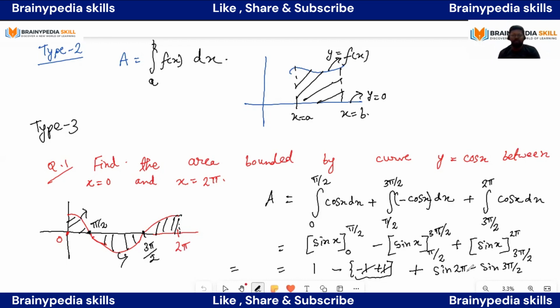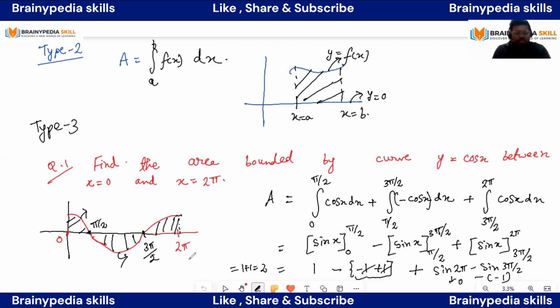Sine 0 is 0, isn't it? So this one is 0 and this one is minus of minus 1. So how much are you getting? 1 plus 1, that is 2, right?